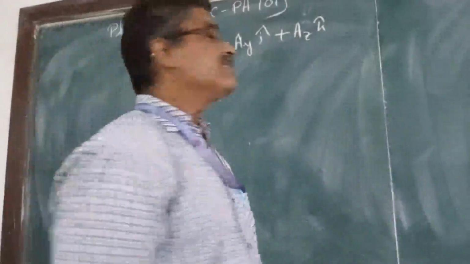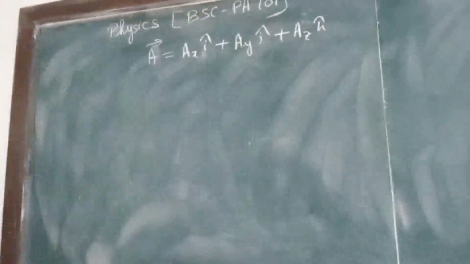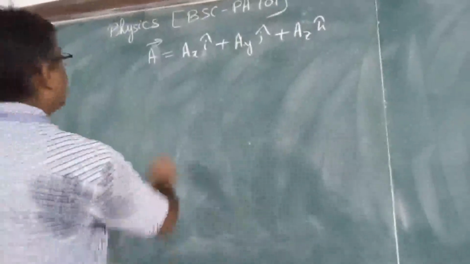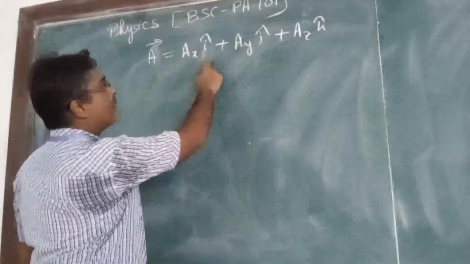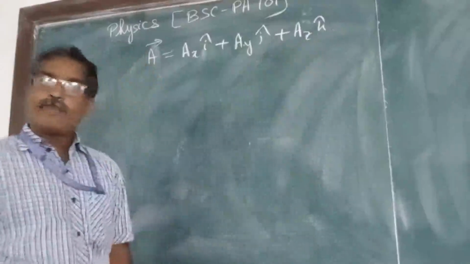It is written as A with the arrow in the head, and A equals AX i cap plus AY j cap plus AZ k cap.